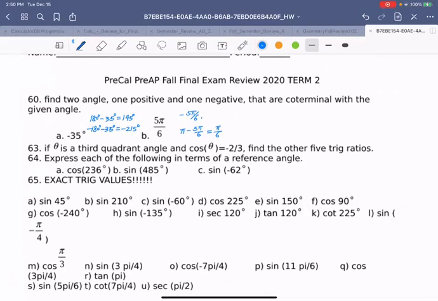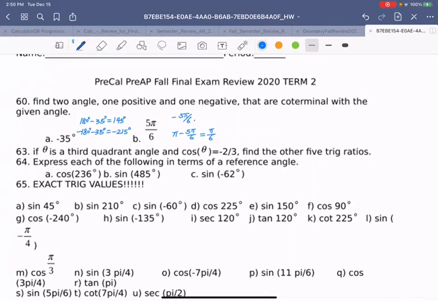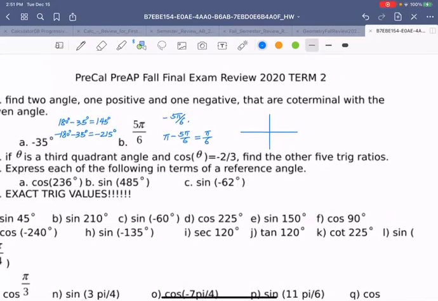Theta is a third quadrant angle, and find the other 5 ratios. So that means if we draw it, it's in quadrant 3.